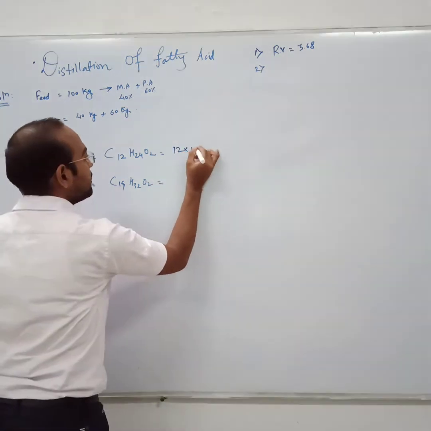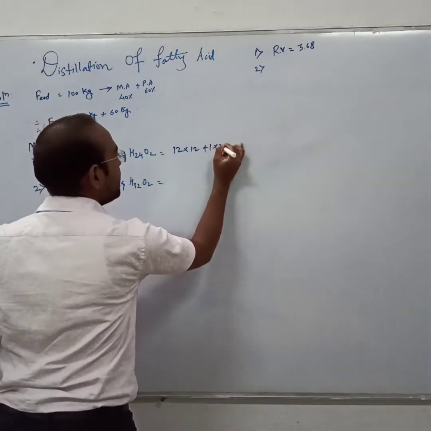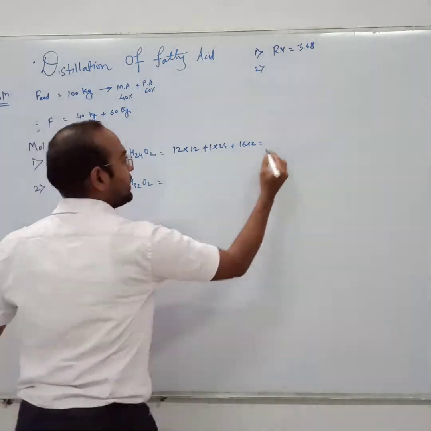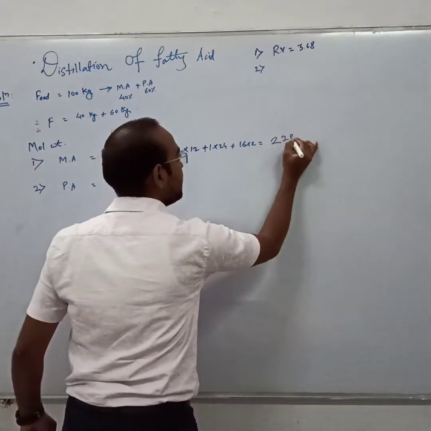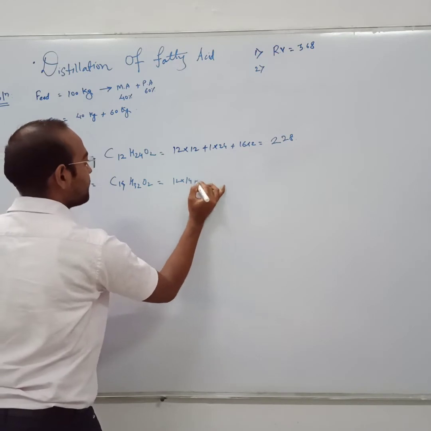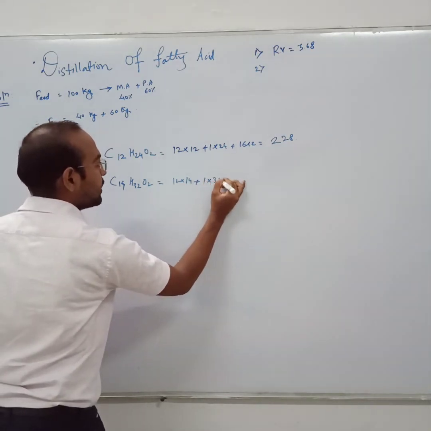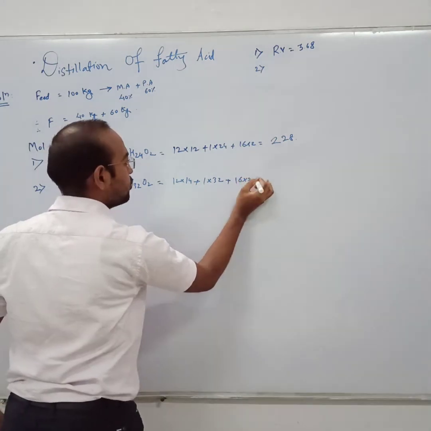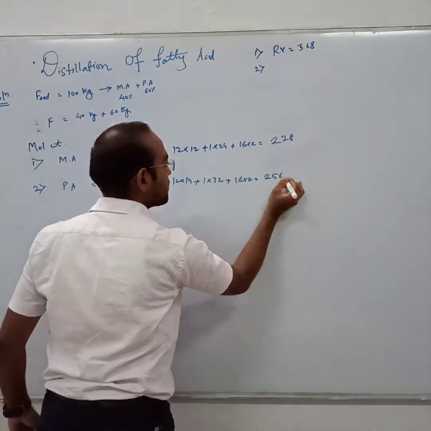So 12 into 12 plus 1 into 24 plus 16 into 2 gives us 228. Then 12 into 14 plus 1 into 32 plus 16 into 2 gives us 256.